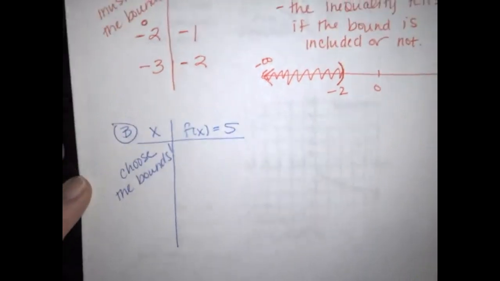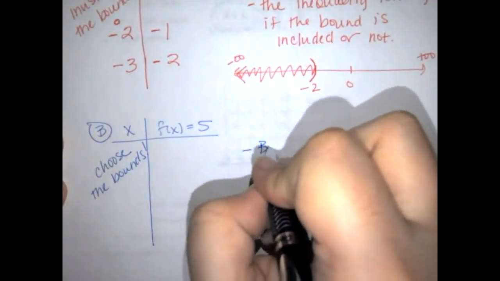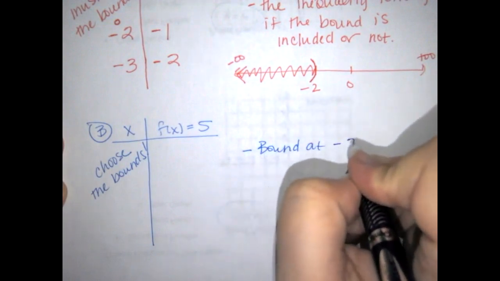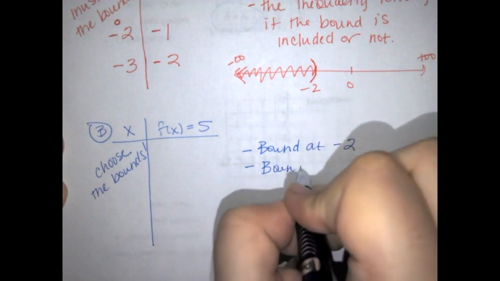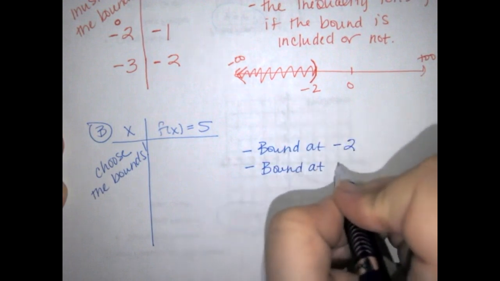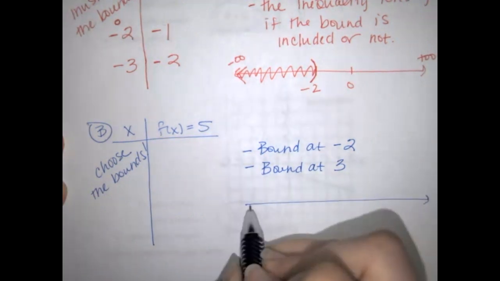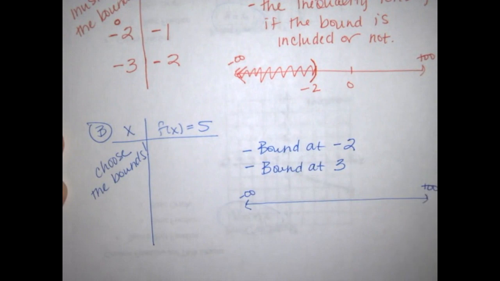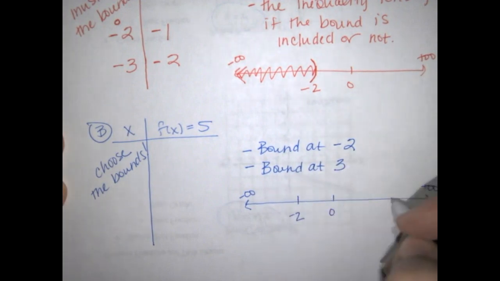So if we're looking at it, for my second one I have a bound at -2, and I have a bound at 3. Again, if you take a look at your inequality graph, look at the information you have, and I have -2, remember input your 0, and then 3.